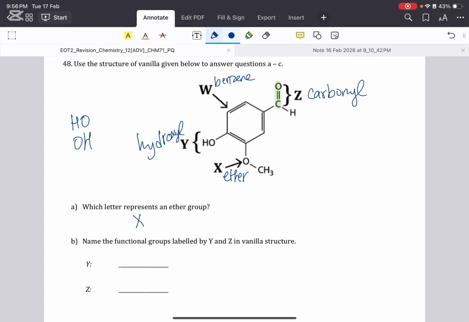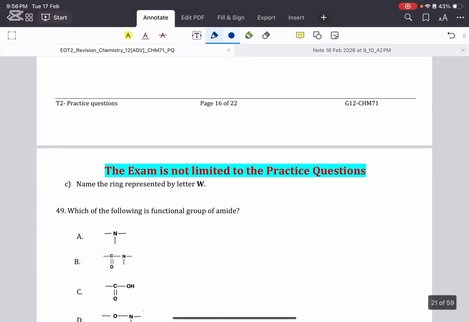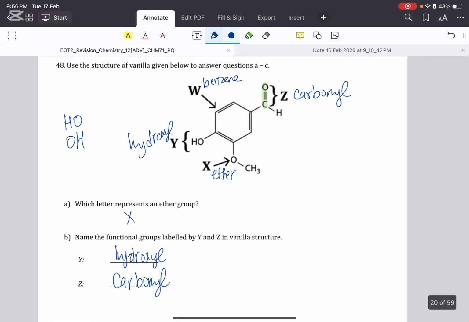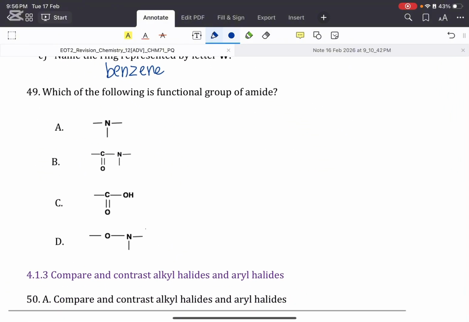It's X. What is Y? Y is hydroxyl and Z is carbonyl. Moving on. Name the ring represented by W. W is a benzene ring.